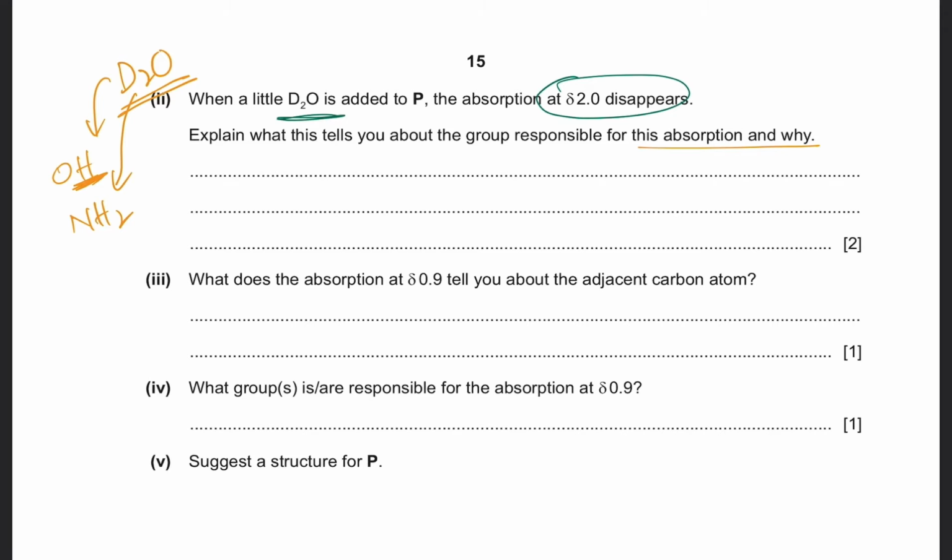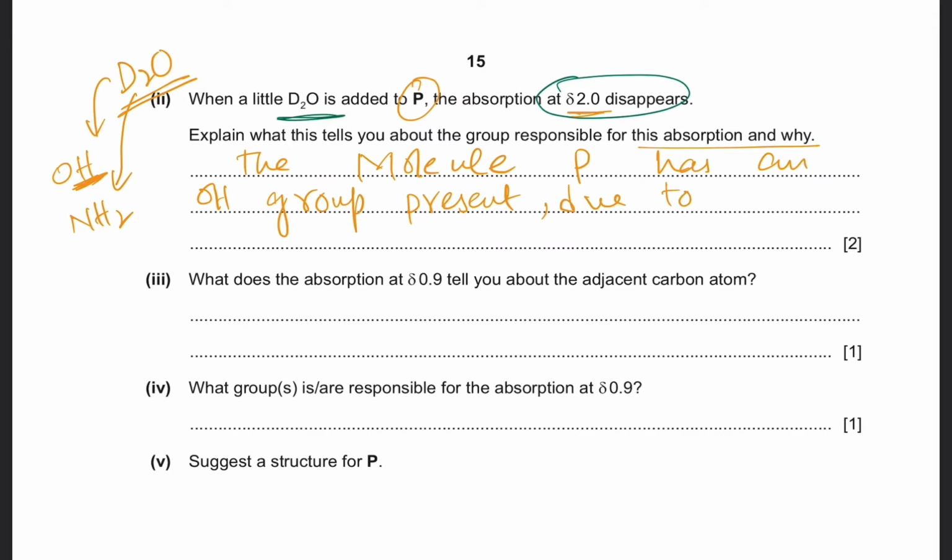That means molecule P, because the peak at 2.0 disappears, has an OH group present, and due to proton exchange, the OH peak disappears.